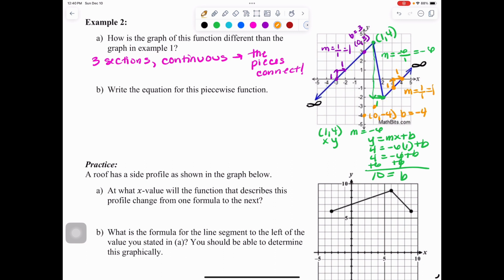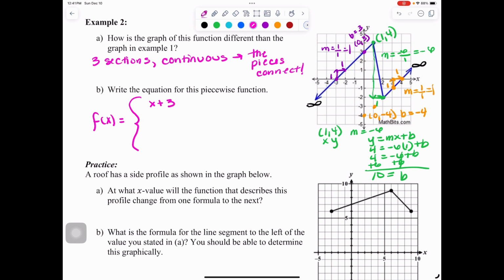So now I have all the pieces that I need, the slope and the y-intercept for all 3 sections, to start writing the equation in mx plus b form. So I've got f of x equals, and I'm going to give one of these large brackets to show that these pieces all make up the function together. So the first portion, the one all the way to the left, had a slope of 1 and a y-intercept of 3. So that would be x plus 3.